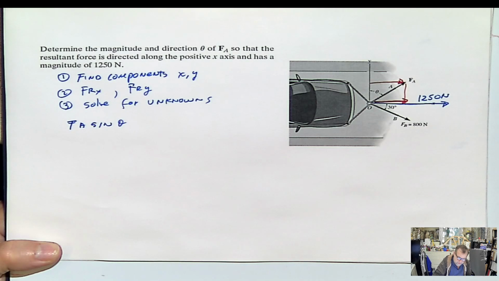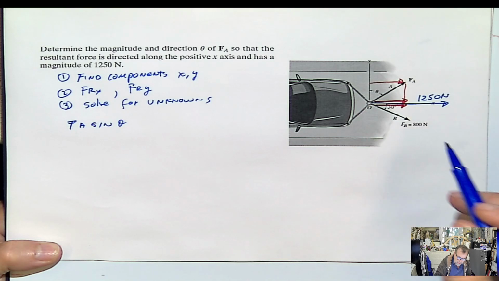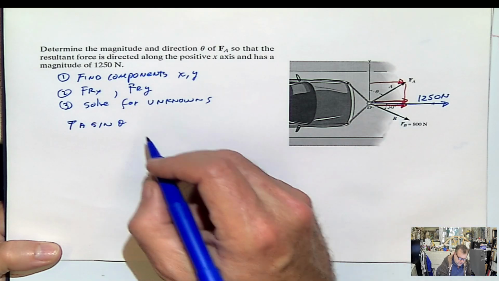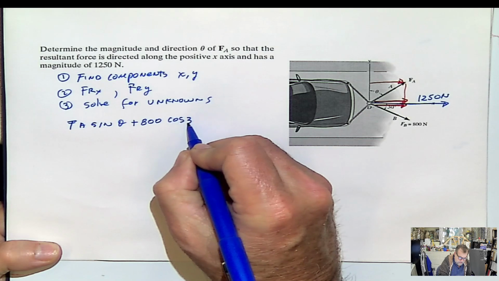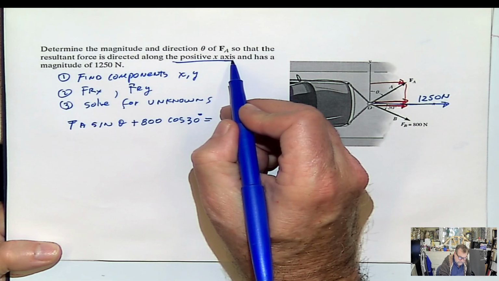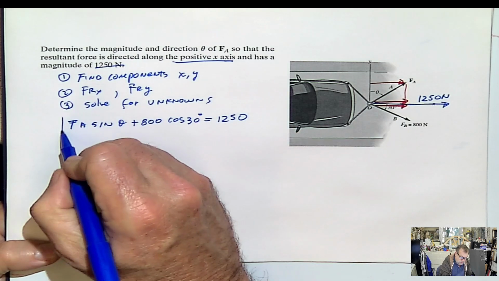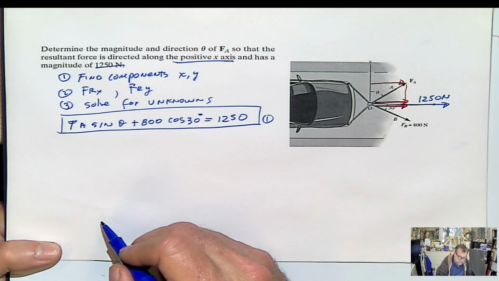And for FB we have this one. What is that component? It's 800 cosine 30. And we know the resultant in x is 1250. And that will give us equation 1.